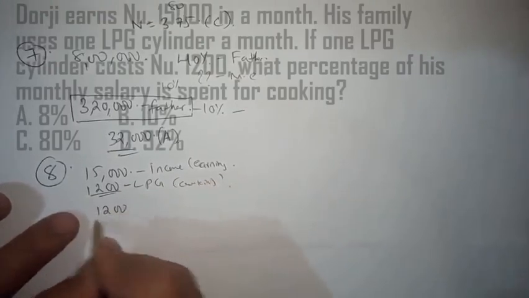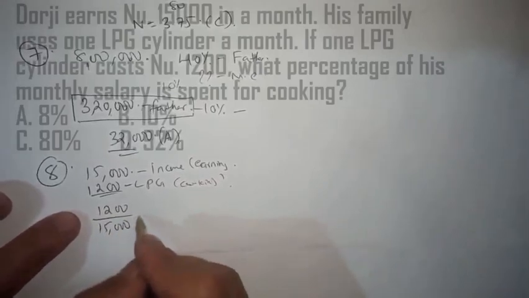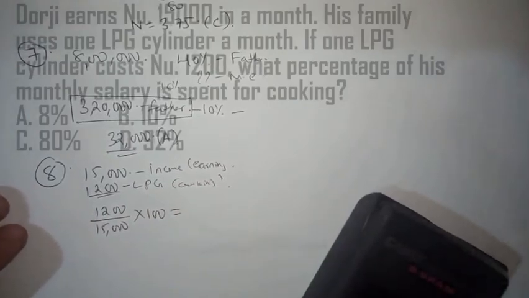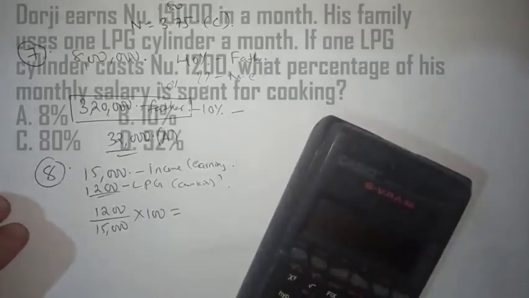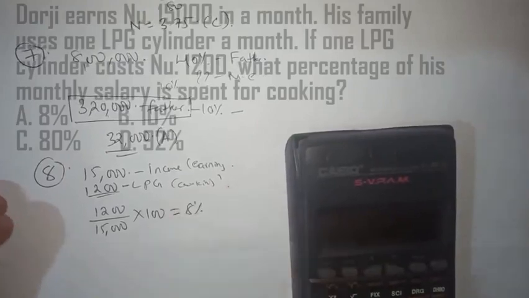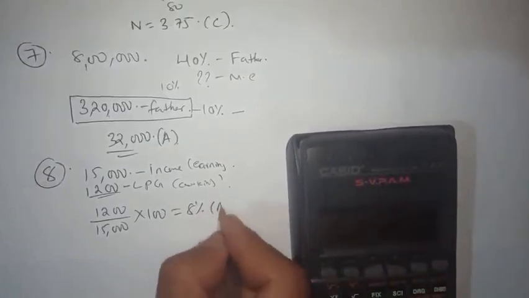With 1,200 over 15,000 into 100, we simply get 8%. This is the formula, so the correct option is 8%, that is A.